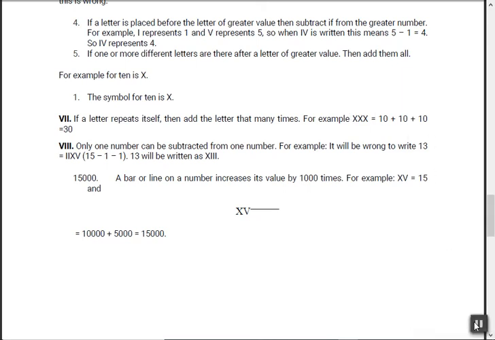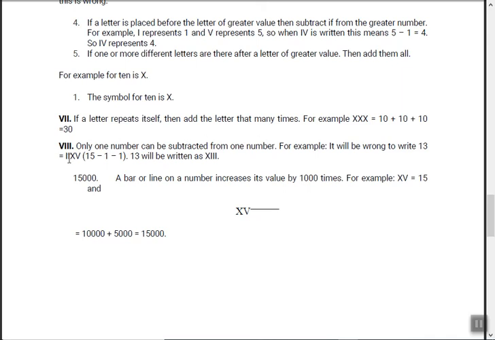Okay, let's see one example about 13. How will I write 13? I can write 13 like this also. See this, 10 plus 5, 15, and 2 less than 15, so 13. So I can write this also, but this is never written. Why? Only one number can be subtracted from one number.